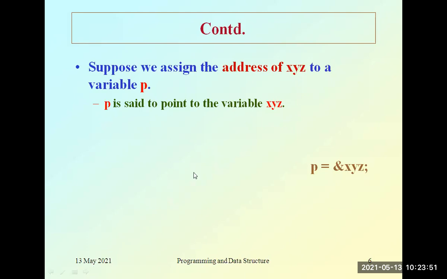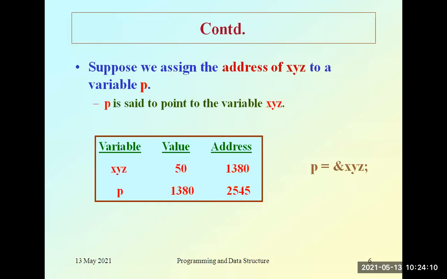Suppose you want to assign the address to a variable, we represent it so that p is set to point to that variable. That is, p equal to ampersand of xyz.